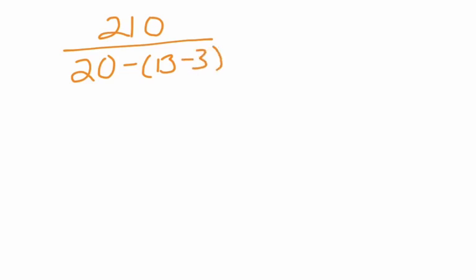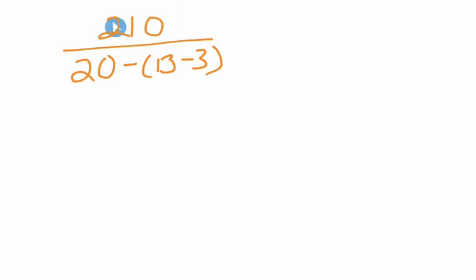This is 210, and then we are using the fraction bar there, and then we'll put 13 minus 3 on the denominator. So this is a little bit of a slick thing here where there's two grouping symbols, but you don't see two grouping symbols. That's because the fraction bar is acting like a grouping symbol.